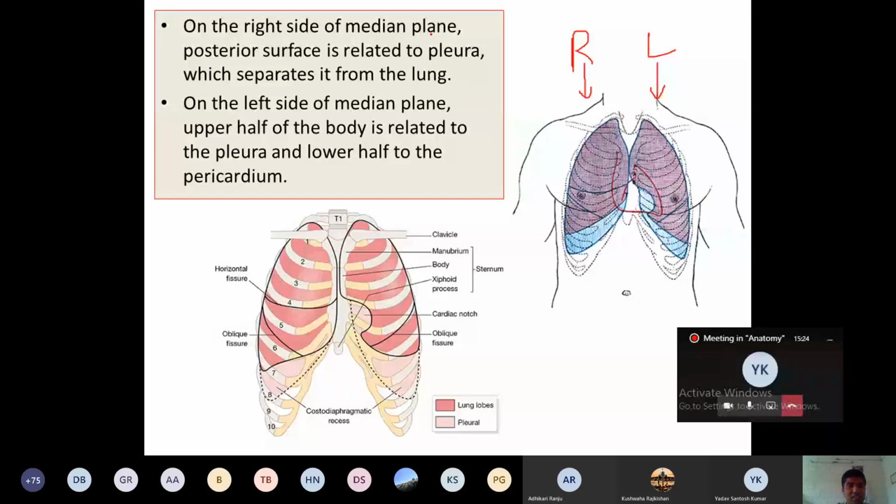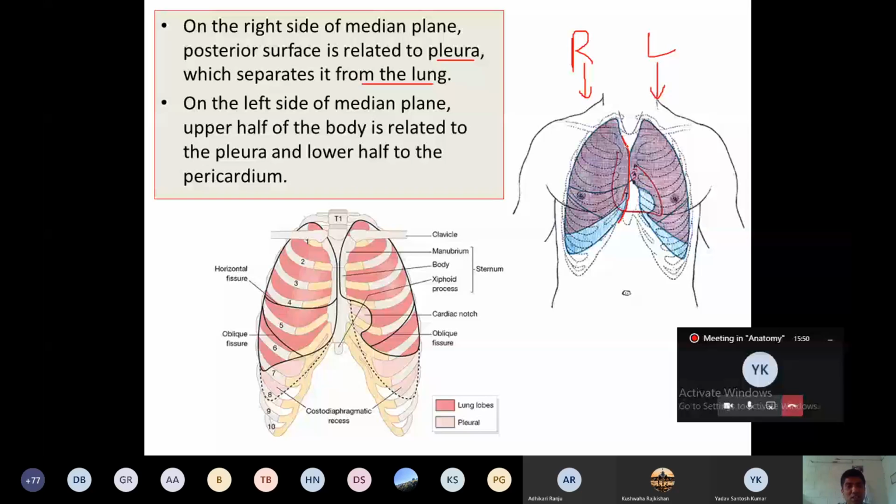The posterior surface of the sternum is related to the pleura, which separates it from the lung. Here this blue line is the reflection of the pleura on the right side.